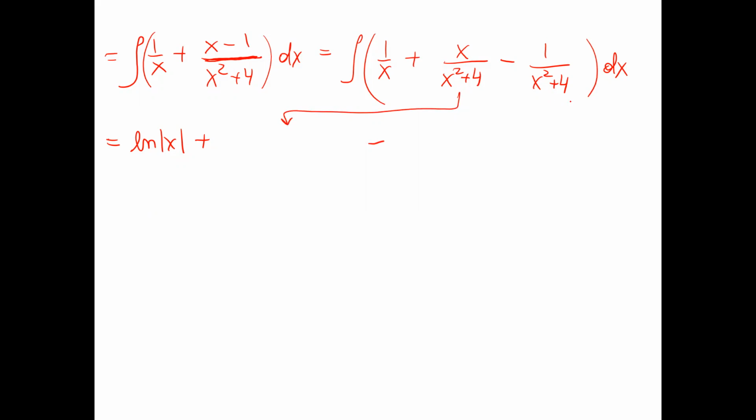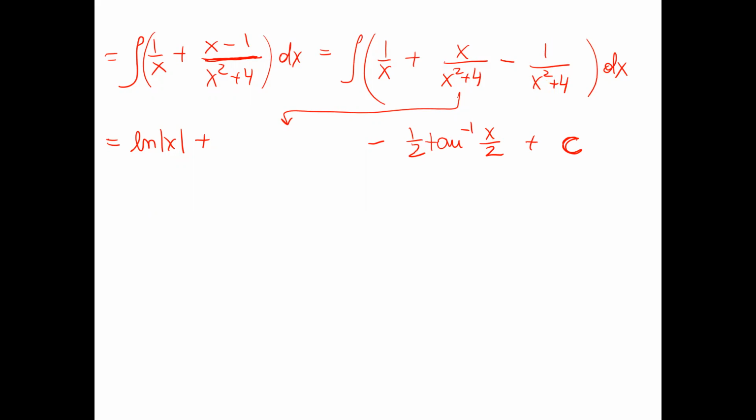But this one, we have 1 over x squared plus 4. If this were plus 1, it's just arctangent of x. But that 4 is affecting: inverse tangent of x over 2 and 1/2. And I will add the constant of integration. Yeah, because we remember that 4 affects the answer this way, x over 2, 1 over 2.